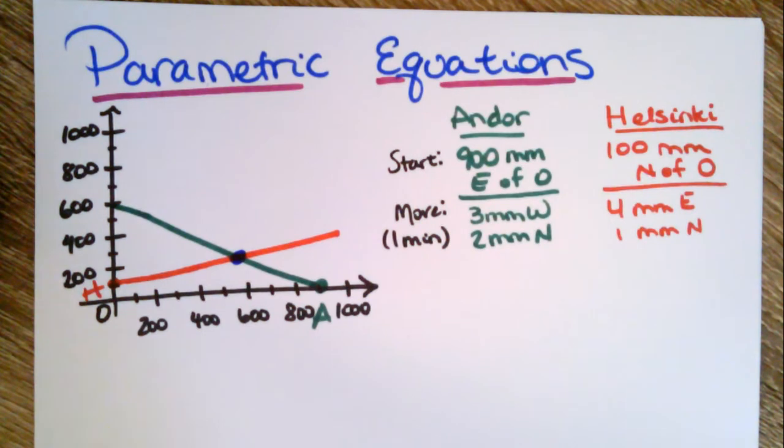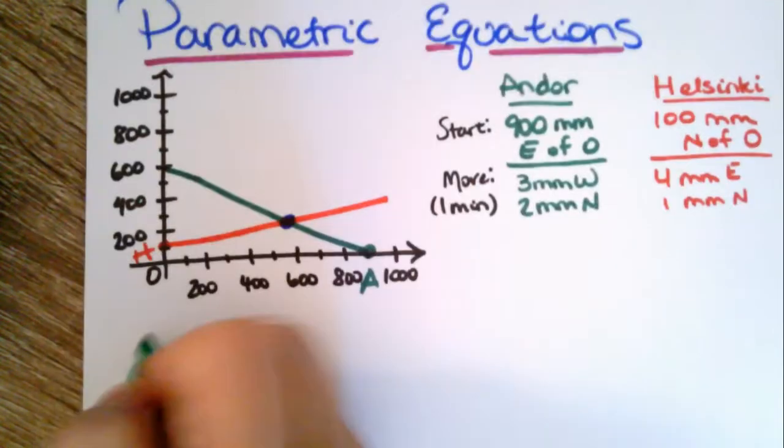So we're going to start by writing a linear equation for each of these ships. For the Andor, we can use the points.